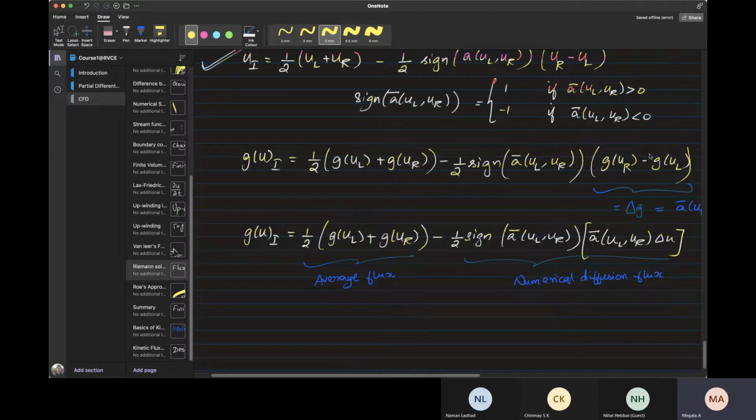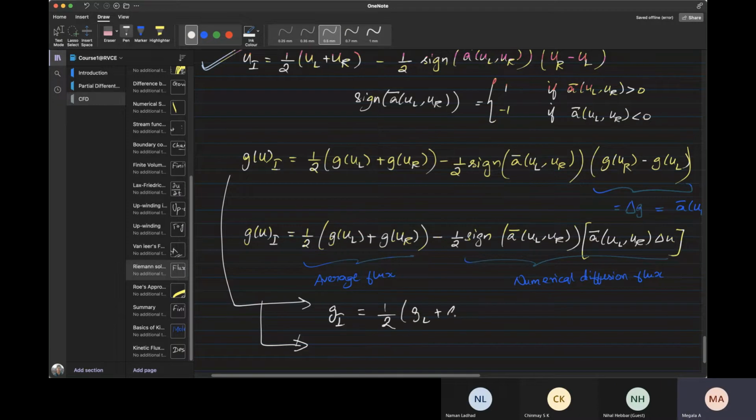This flux difference has been split up using this sign. Whenever this value is positive, you'll have some flux difference. The equation becomes different depending on the sign of a bar. If a bar is positive, then you'll have a minus sign over here. This equation can be separated into two different equations depending on the sign of a bar itself.